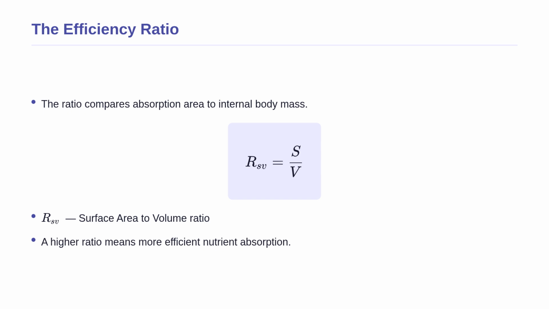Conceptually, this ratio tells us how much skin area is available to feed each unit of internal body mass. A higher ratio means the organism has a massive amount of surface area relative to its tiny volume, making nutrient absorption highly efficient. If an organism gets thicker, its volume increases rapidly, and this ratio drops, meaning it might starve if it relies only on skin absorption.